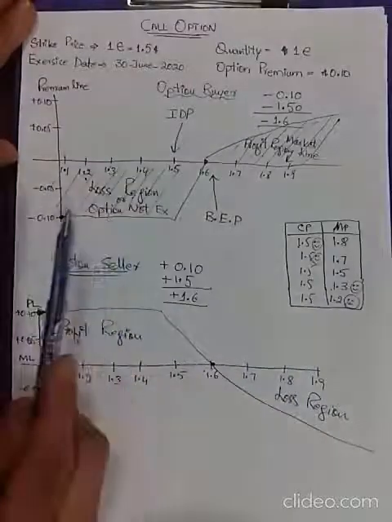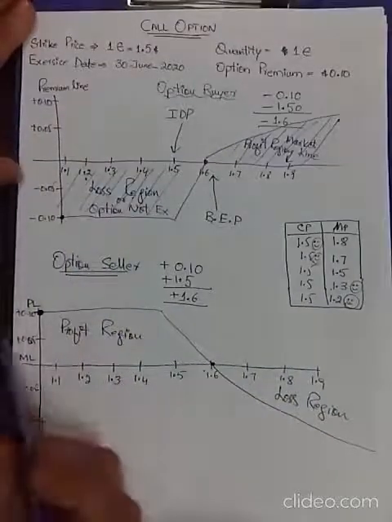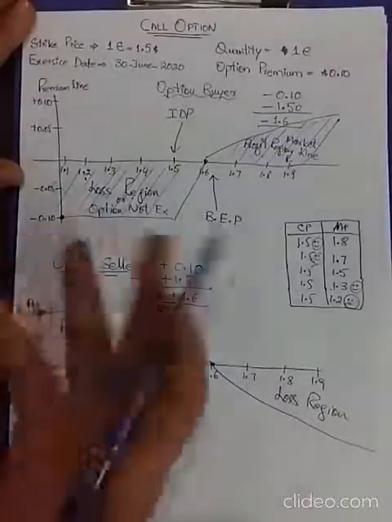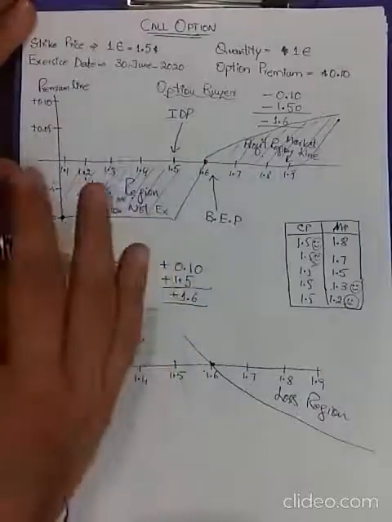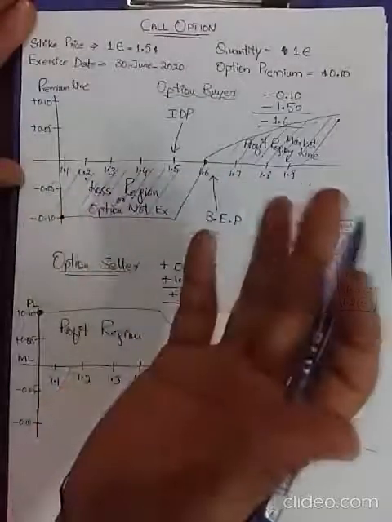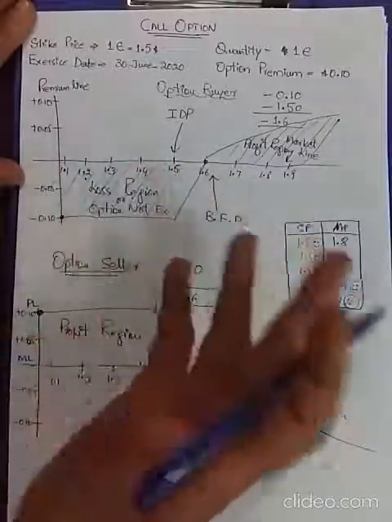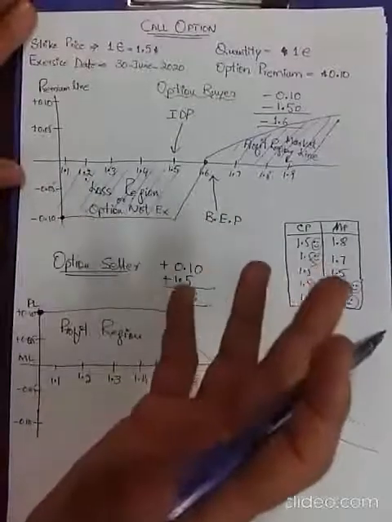Because as you know, in an options contract, you have the liberty of deciding where you will buy. Are you going to continue with the contract, or will you leave the contract and move to the market and buy it from the market? So you're going to decide whichever place is better for you.